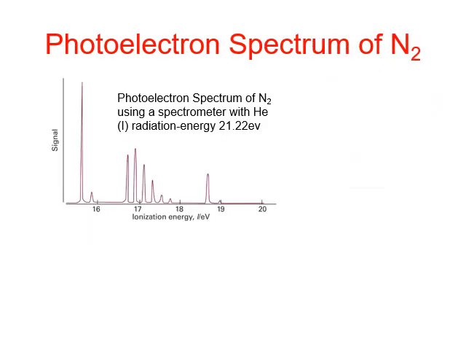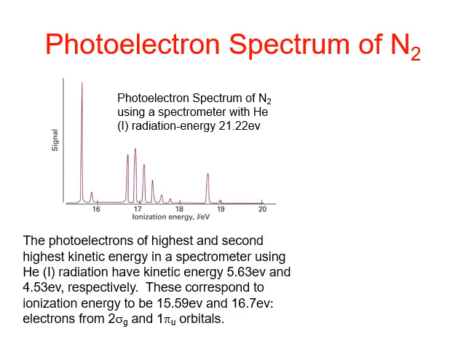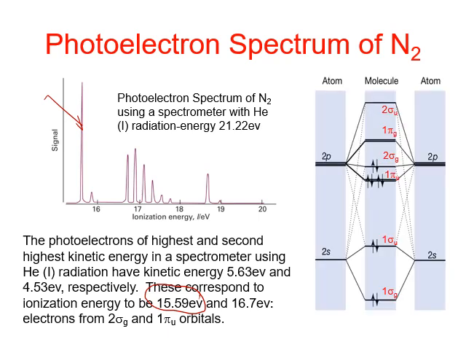Here is a photoelectron spectrum of nitrogen. The first line corresponds to 15.59 electron volts, and the origin of this line is due to the removal of an electron from the highest energy molecular orbital, and that is 2 sigma g.